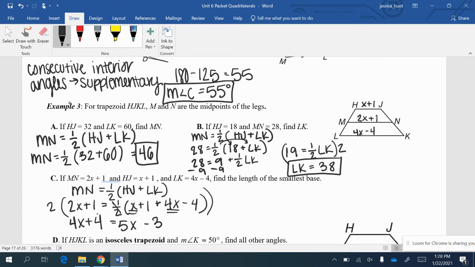And then solve. So subtract 4x, subtract 4x. 4 is equal to x minus 3.